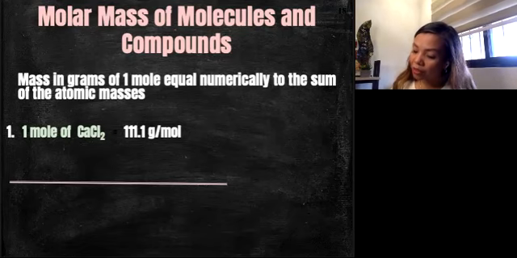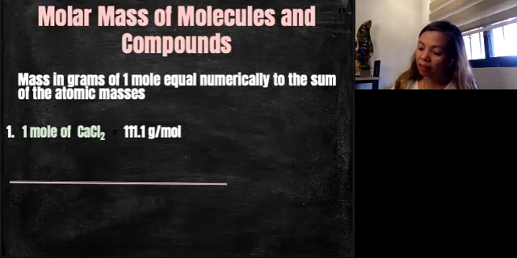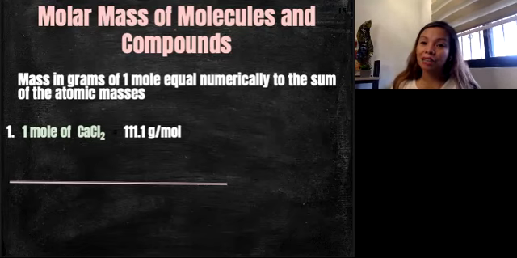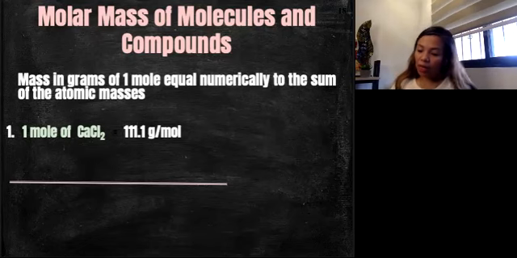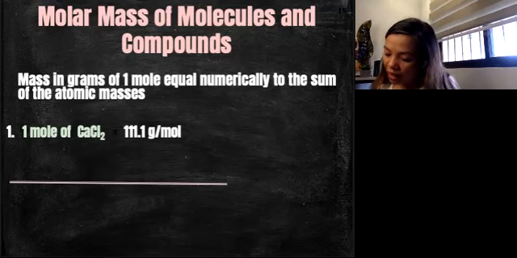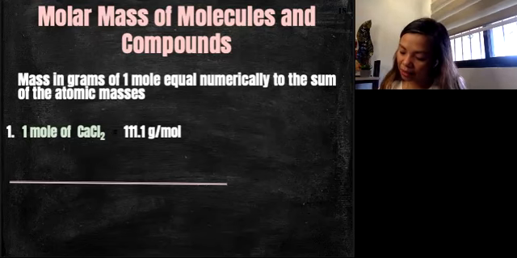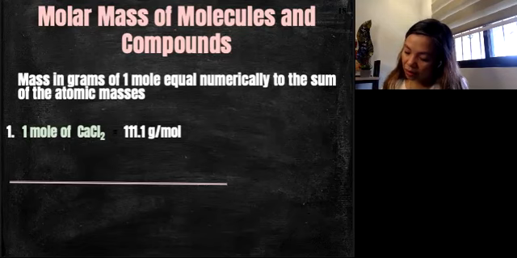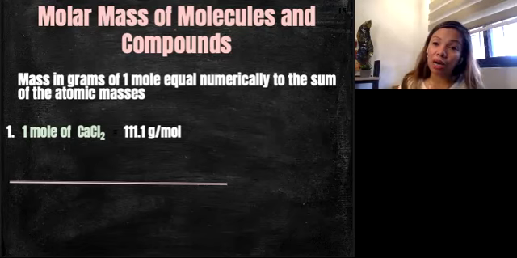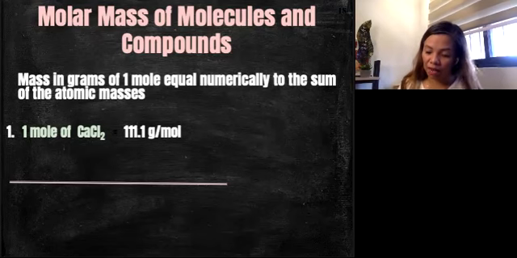To start with, you need your periodic table of elements because you will be getting the atomic mass there. If we have calcium chloride, we also have to count the number of atoms.